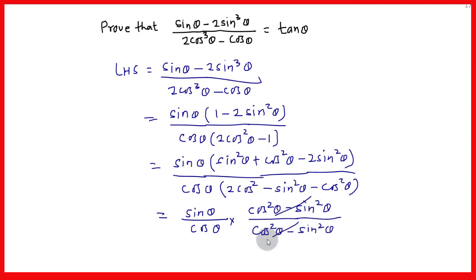So this numerator and denominator will get cancelled, which is equal to sin theta upon cos theta, that is equal to tan theta, and hence equal to RHS. And here we have proved that (sin theta minus 2 sin cube theta) upon (2 cos cube theta minus cos theta) is equal to tan theta.